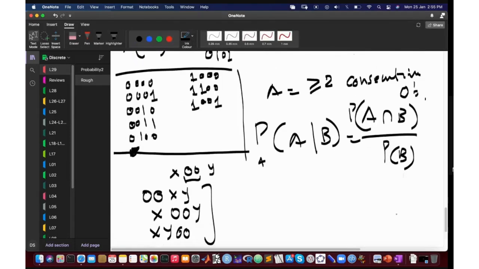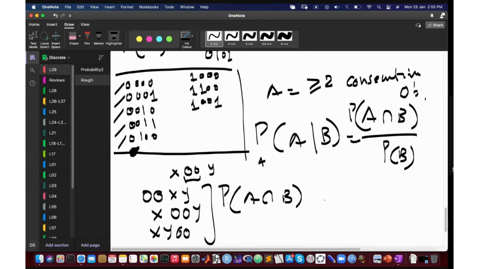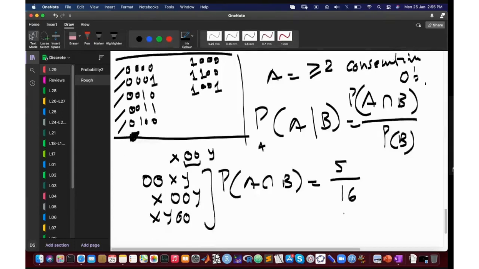What's the probability of A intersection B? All you need is the events in here which start with a 0. Okay. So I have 1, 2, 3, 4, 5 of them. So it's 5 over 16.